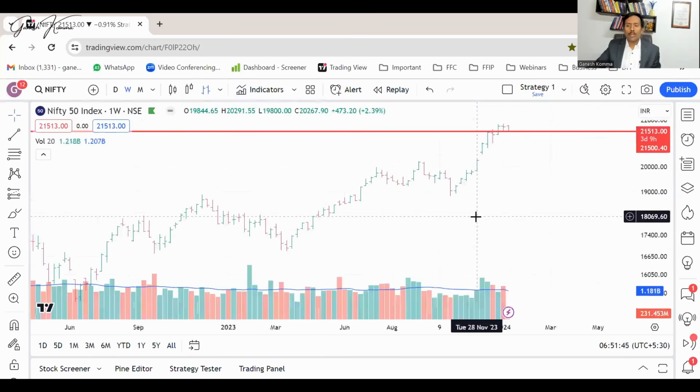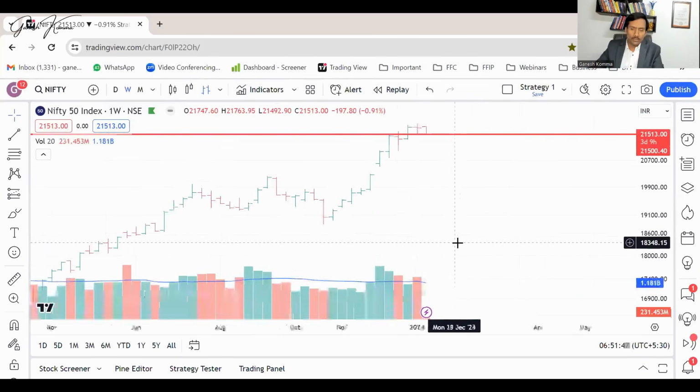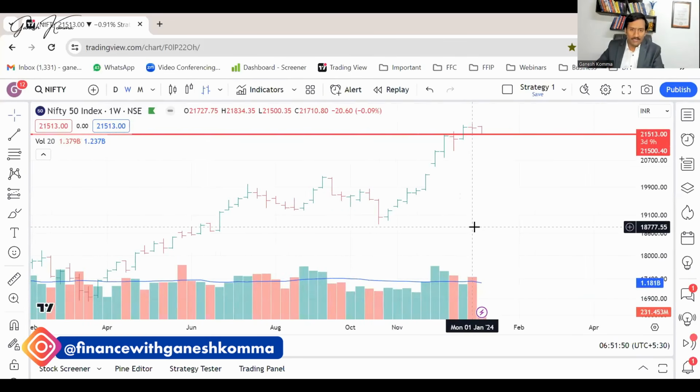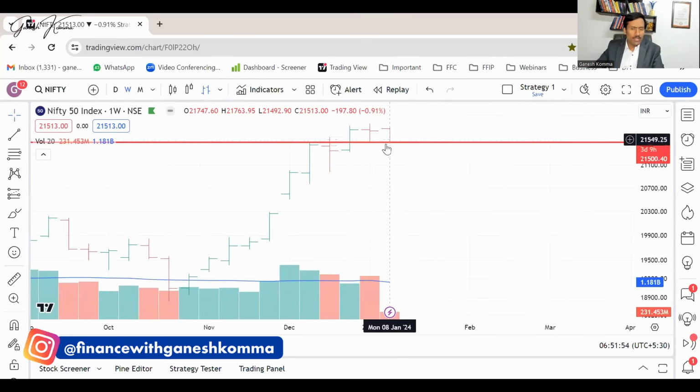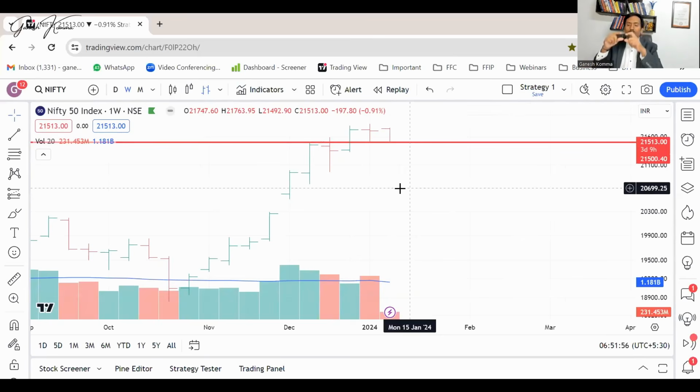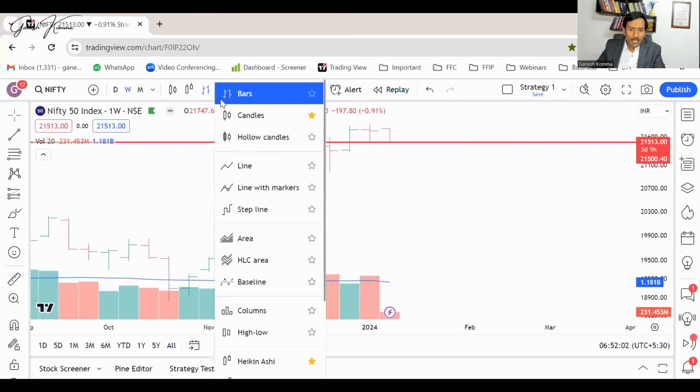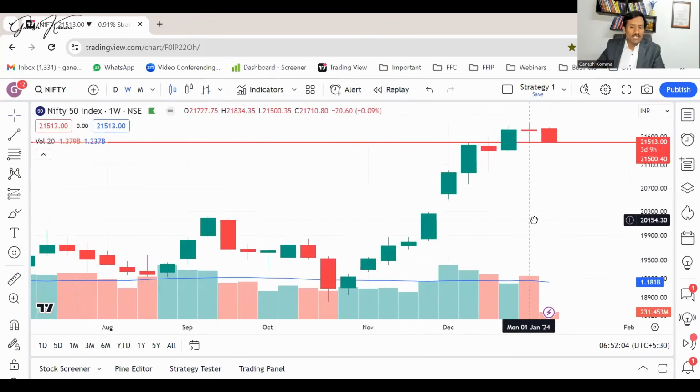And this is your bar chart, which we saw in the chart analysis. So a bar is almost similar to the candle, but there is no wide portion, the body is not reflected, right? So instead of a bar chart, we use a candlestick chart.